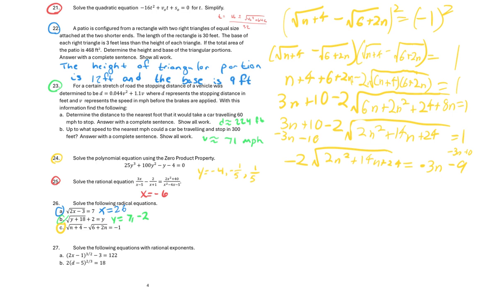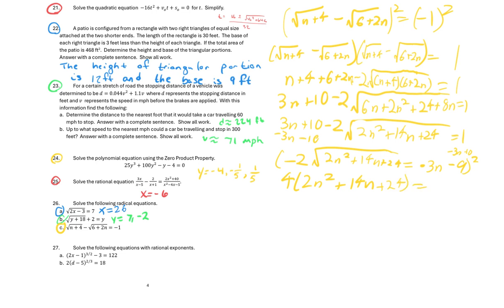All right, now what we want to do is get rid of this radical for good now. So we're going to square everything again. So our left-hand side, this negative 2 squared is going to be left with 4 times what we have on our interior here. So 2n squared, that squared is going to take care of the radical. 2n squared plus 14n plus 24.